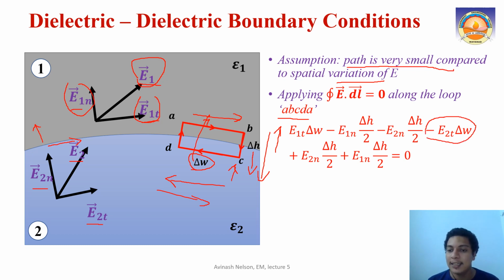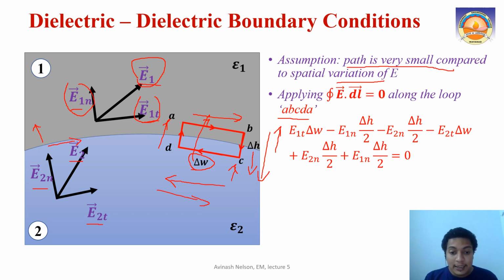So it is minus E2t into delta W, plus, similar to this side, plus E2n delta S by 2 plus E1n delta S by 2. Here the normal component of the field as well as our dl direction are the same, so that is why you got positive here. That is how we wrote E dot dl equal to 0 for this loop. You can try it for yourself once.